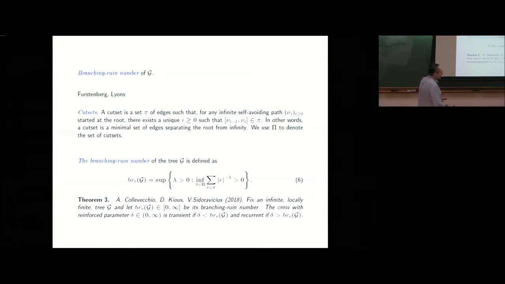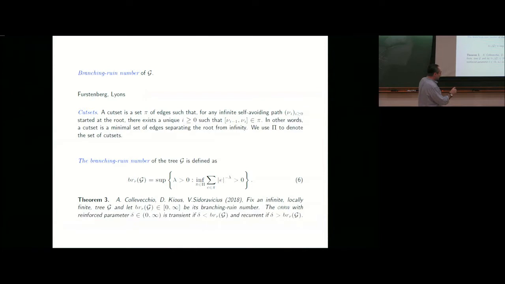It means that this Hausdorff dimension, which the branching number represents, is relatively weak: if delta is small, it cannot really trace you back. And it is recurrent if delta is bigger than the branching number, then this reinforcement beats this kind of Hausdorff dimension back.